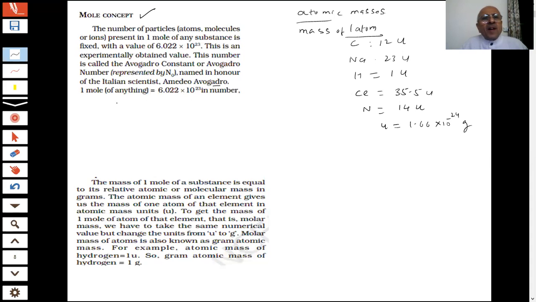He says that 1 mole is equal to 6.022 × 10 power 23. What we are saying, students, is we are defining a number. 1 mole is equal to 6.022 × 10 power 23.